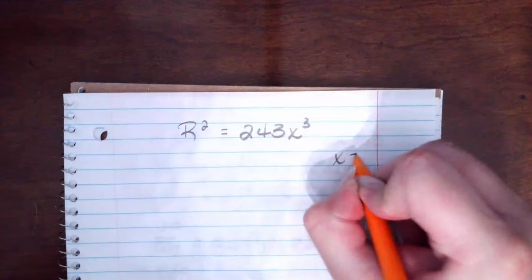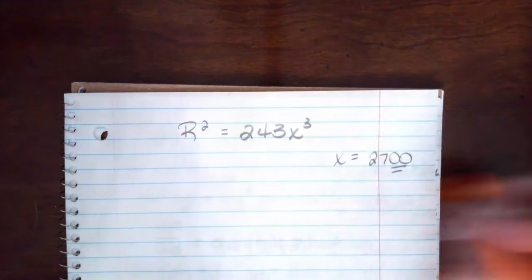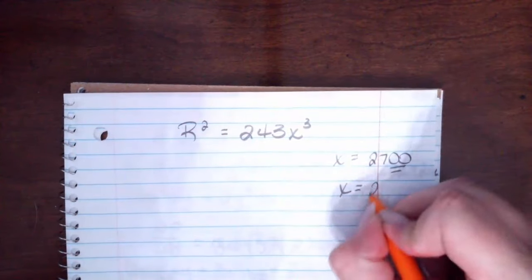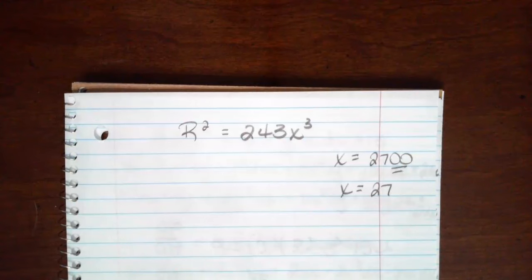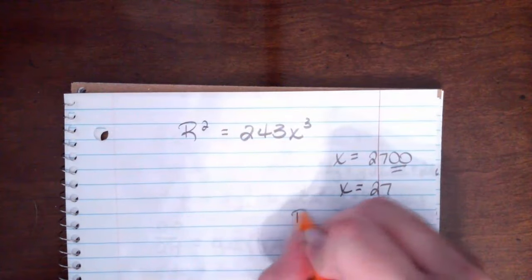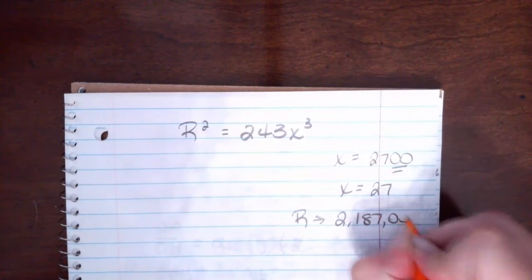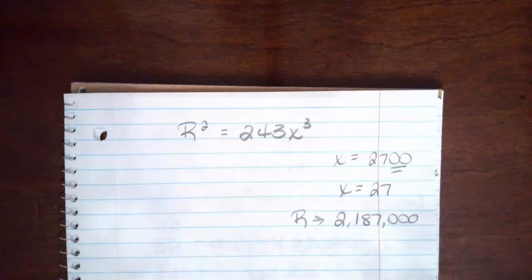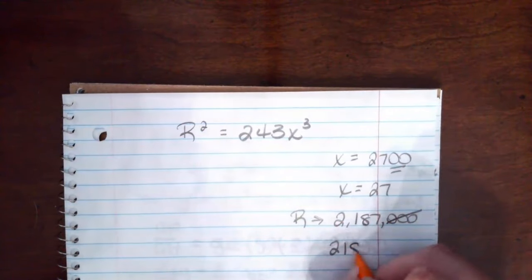So we know that X is 2,700, but we're reporting in hundreds. So X needs to be 27. Okay. The company wants to increase their revenue from 2,187,000. So revenue is 2,187,000, but we're reporting in thousands, so it's really 2,187.